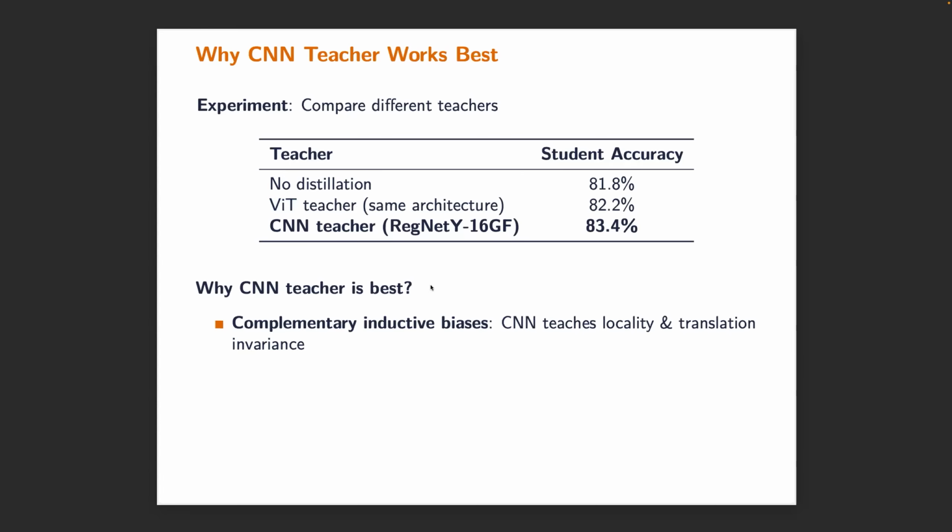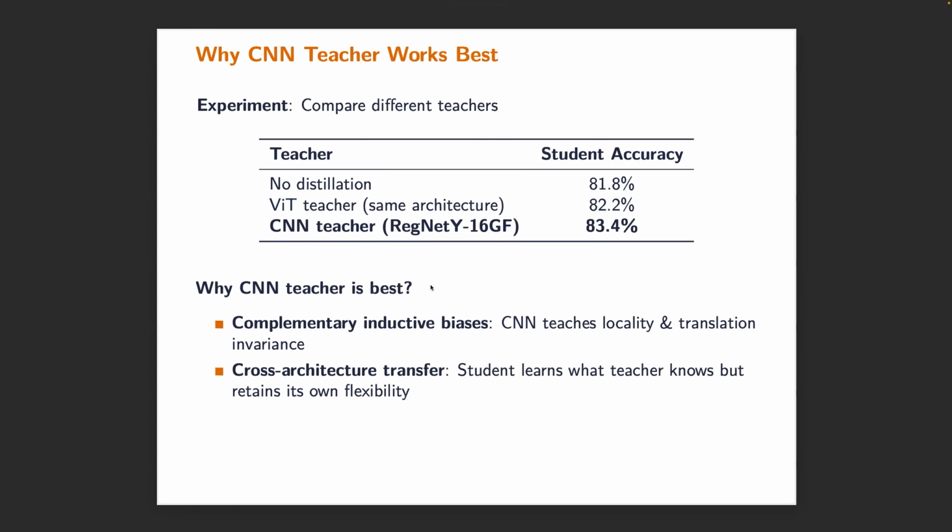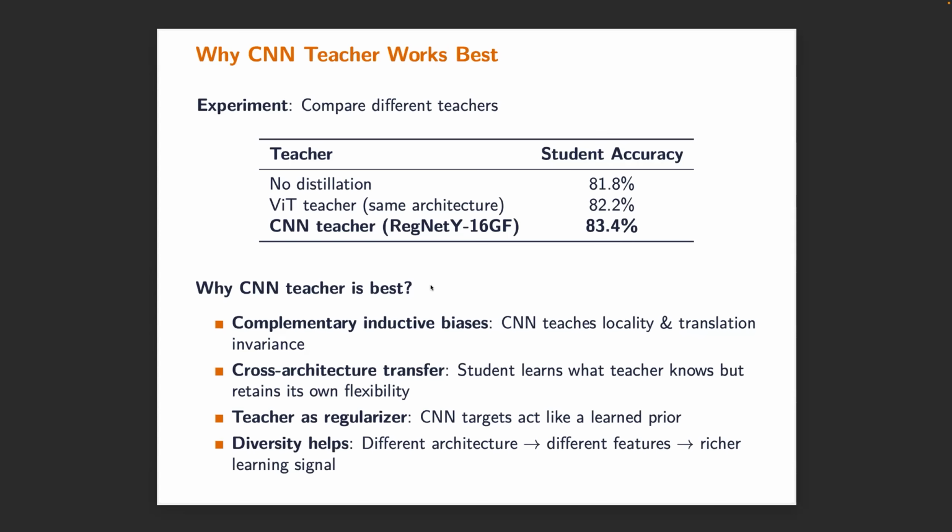It's a different inductive bias that the transformer doesn't have. So the student, while remaining flexible, also learns what the teacher knows. So that's somehow reinforcing the assumption that diversity helps, as that leads to a richer learning signal.